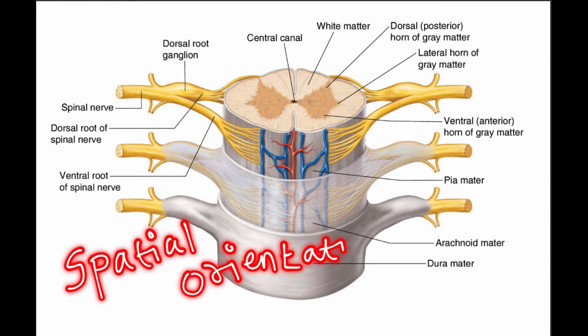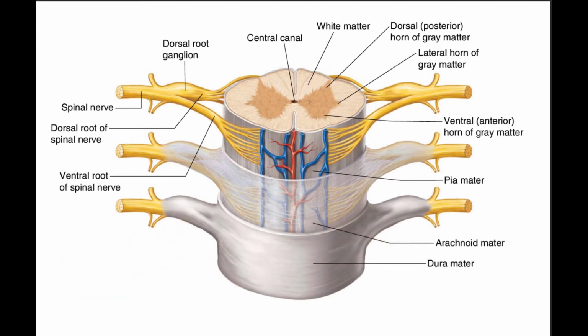Spatial orientation means the localization of the sensations, such as when someone touches your hair, you can exactly know where the sensation is coming from, even if this person touches your hair and not the skin. That is the fine touch.